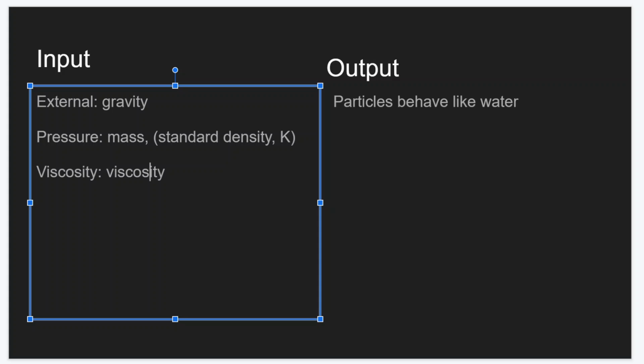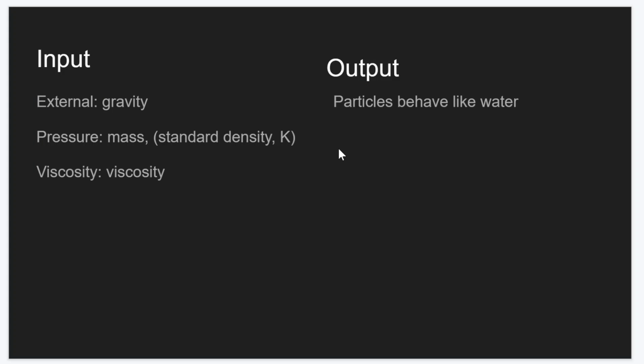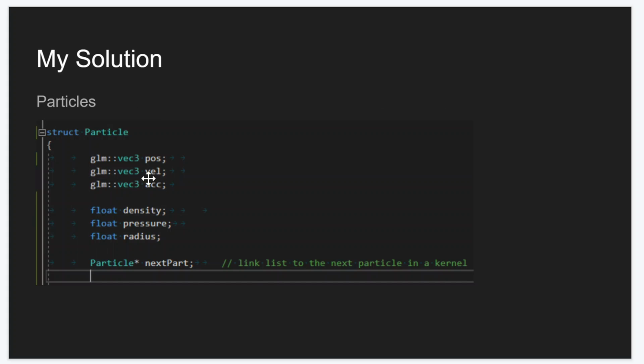And for viscosity, we use just a variable called viscosity. The higher the viscosity, the harder it is for a particle to move away from another, and the higher the pressure. So the output of the program, I expect to see the particles behave like water.